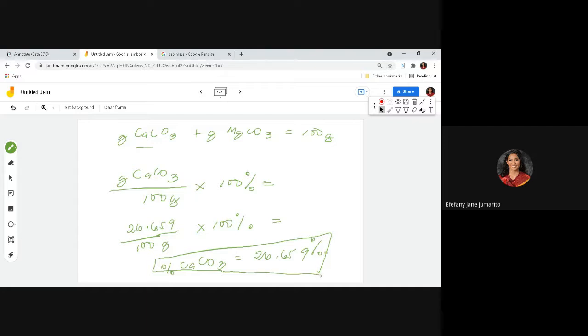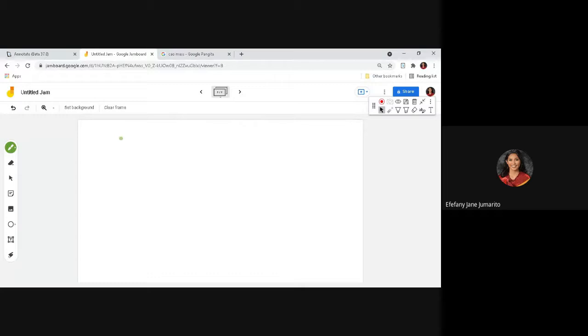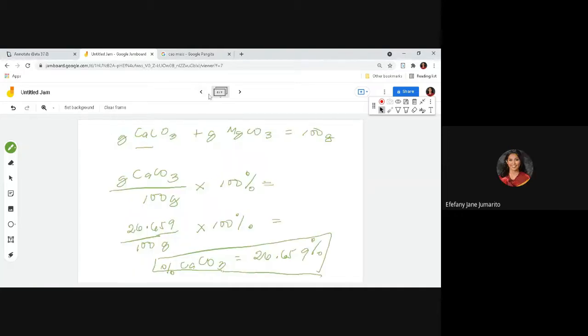Now, what about your percent MgCO3? That is equal to 73.341%, ma'am. Gi-divide by 100, ma'am. Tapos gi-times 100.